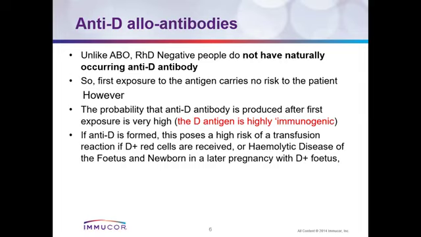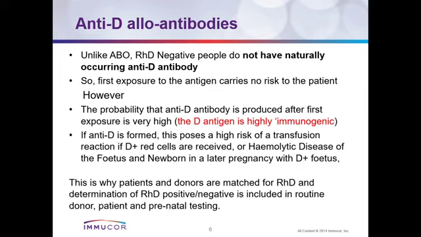So if anti-D is formed, this poses a high risk of a transfusion reaction if D positive red cells are given to the patient. So there can be hemolytic disease of the newborn or fetus in a later pregnancy, which will eventually cause either miscarriages or even a child being born and then dying immediately or after some time.